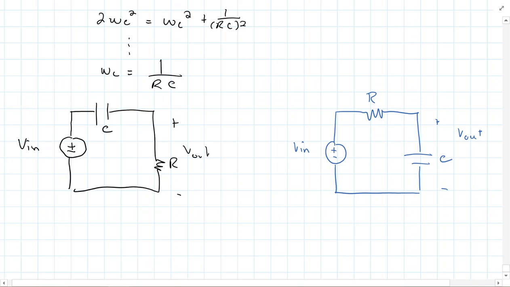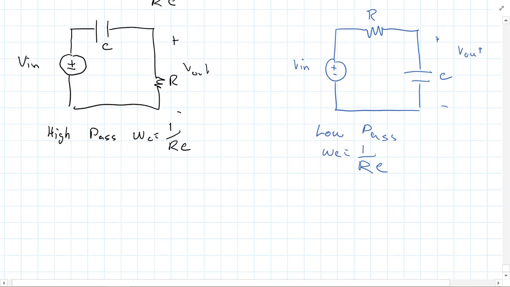So if they have the same pole, they should have the same cutoff frequency. So yes, this is high pass with omega c being 1 over RC, and this is low pass with omega c being 1 over RC.